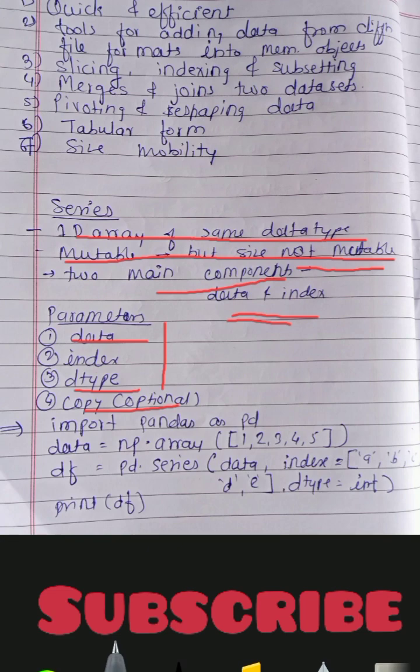Now next, we'll just see a simple example for writing pandas code. Okay, for writing code for pandas, we need to import the pandas library. For that, we have to write import pandas as pd. So we are accessing pandas as pd. Now I'm taking one data structure, data equals np dot array.